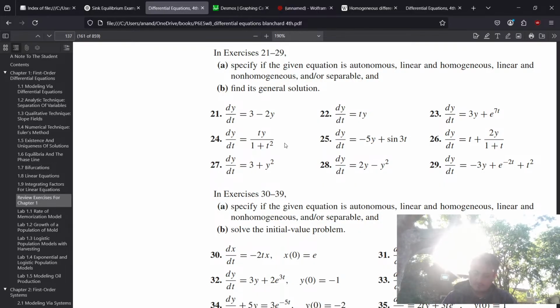Oh, you know what we do? Let u equal 1 plus t squared. du over dt is equal to 2t. So then dt is equal to du over 2t.